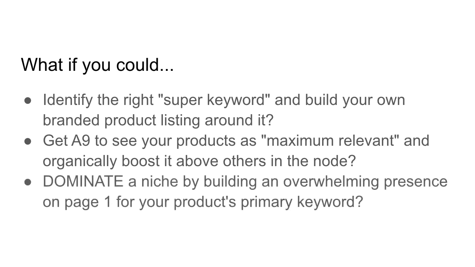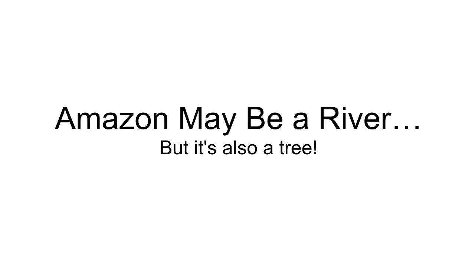What if you could dominate a niche by building an overwhelming presence on page 1 for your product's primary keyword? Well, what if you could do all these things? You know, Amazon may be a river, but it's also a tree. And that's how we're going to make those what ifs turn into realities for you.